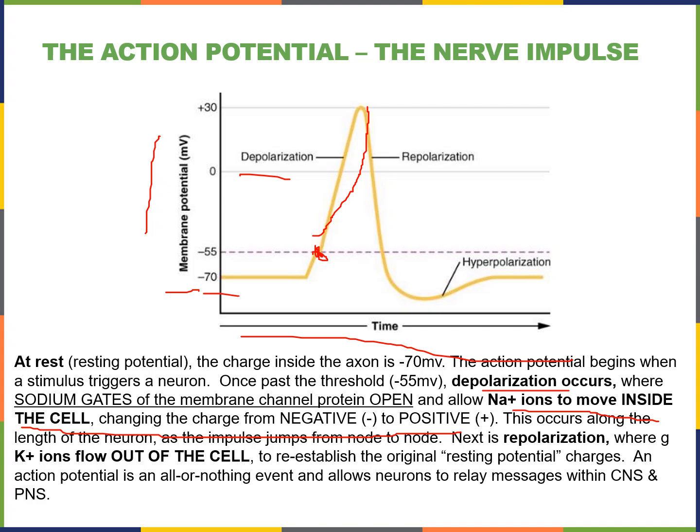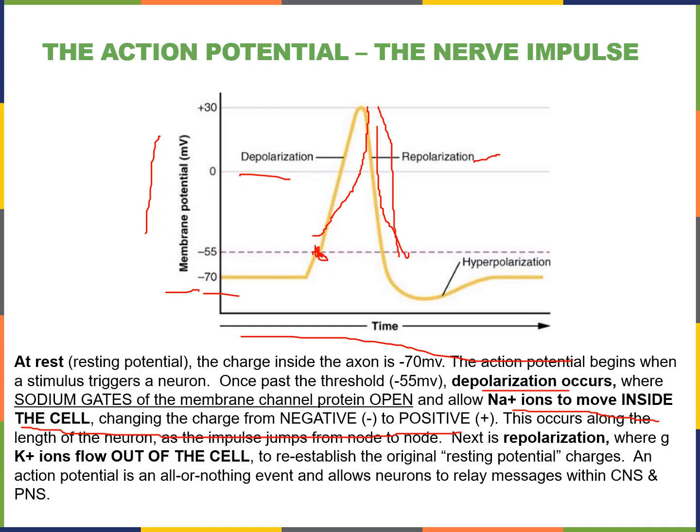Next is repolarization, where potassium ions flow out of the cell. For repolarization, which is on this slope here, you would expect it to be opposite to depolarization, because now potassium is flowing out and you're ending up with a negative charge on the inside. So we see the millivolts approaching below 0, which would be negative, reflecting that.